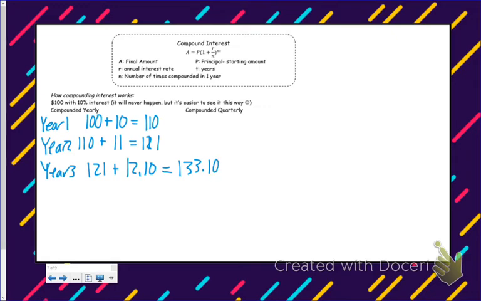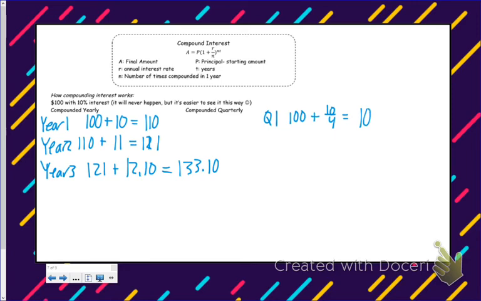So again, the more often that interest is added back in, the better off you are. To show what's actually happening if it's compounded quarterly, let's look at the first quarter. I'm going to start with $100, and I'm going to take 10% of that, which is $10, but because it's the first quarter, I'm only going to get a fourth of that interest, which we know is $2.50.